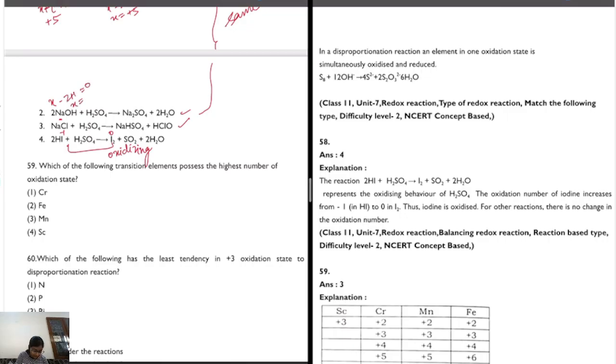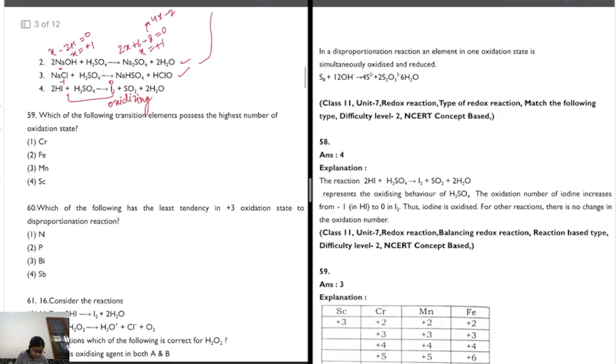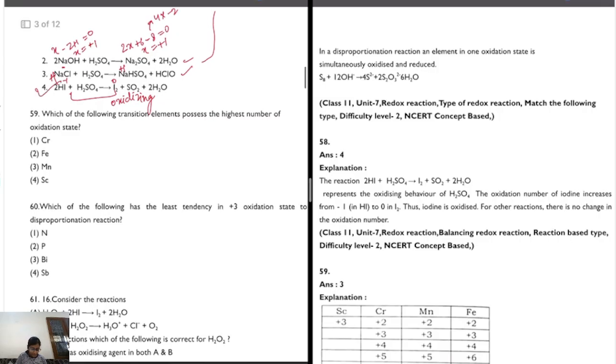Therefore, X equals plus 1. Here also 2X plus 6 minus 8 equals 0, because 8 is 4 into minus 2. Therefore, X equals plus 1. So it is also the same. And similarly, here it is plus 1 and here also it is plus 1. So, only option 4 is the correct option.